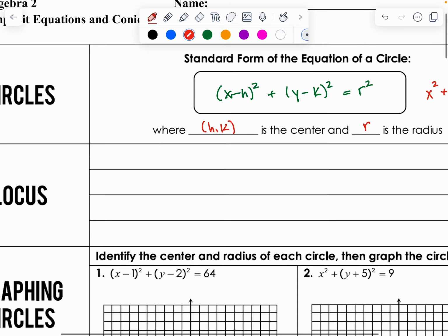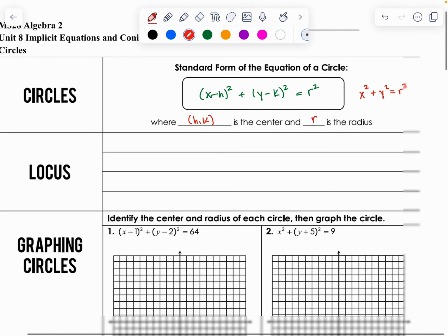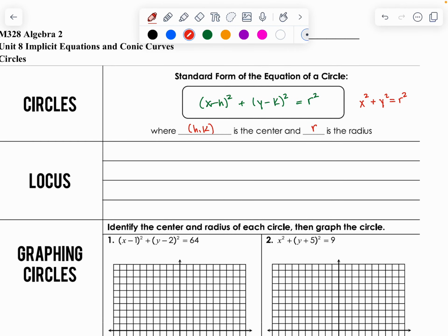Now, this next word, locus, is basically a set of points that fits a rule. So I'm going to write those words down: a set of points that satisfies or fits a rule. Now, the rule that we're going to have here is that all points on a circle are equidistant from the center, which is a geometric rule.